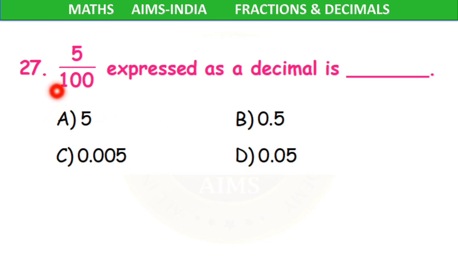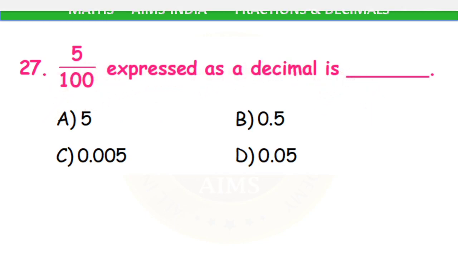Next question 27. 5/100 expressed as a decimal is dash. 5/100. Here our denominator is 100. So we can easily convert it into a decimal. But before that, what should we do, children? In the denominator we are having 3 digits.